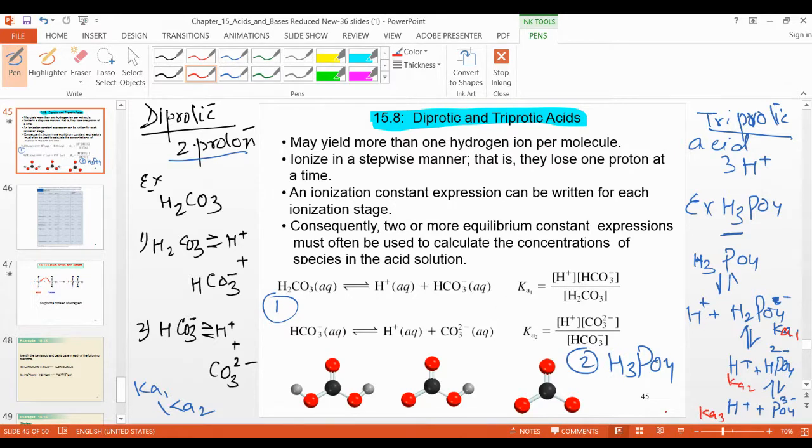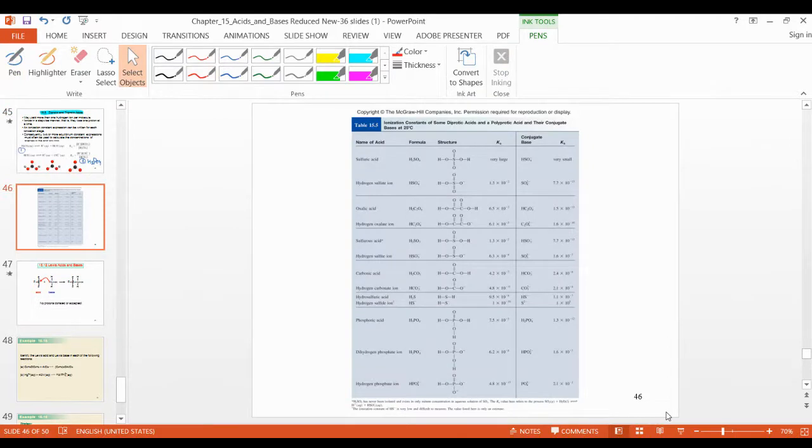There are 3 dissociation constants. So now this is all about 15.8. Examples, don't do them. For 15.11, no need to do them. Write down, please, just the general concept, just the name and how they dissociate.